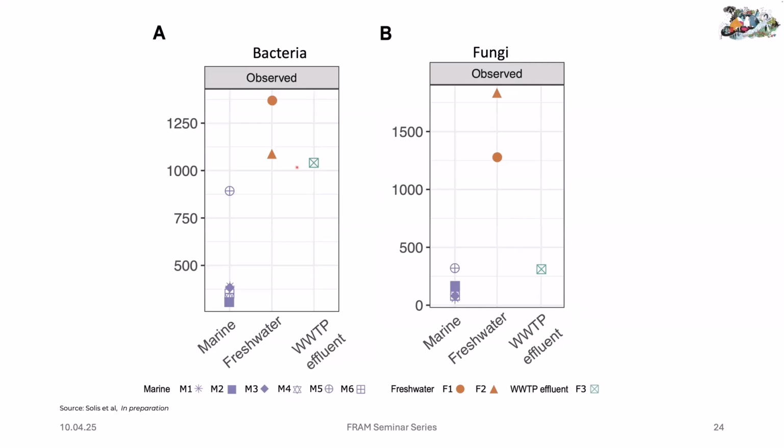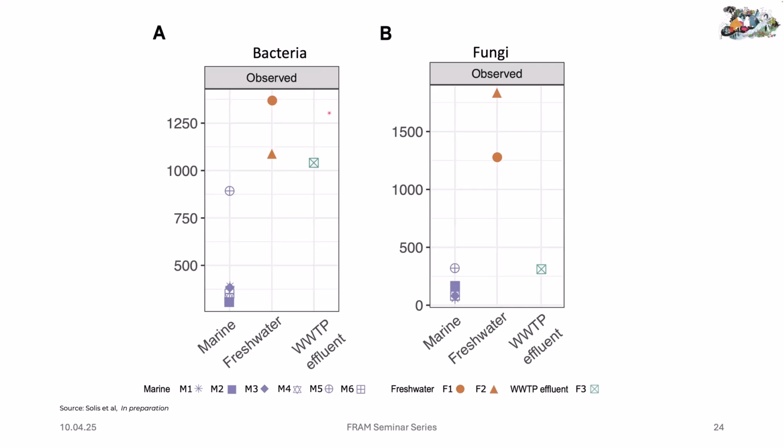And what did we observe from an environmental DNA perspective? These are figures related to biodiversity. This is one of the metrics that we usually use, called observed biodiversity. I just show it here for two different groups, bacteria and fungi, but the pattern is quite consistent for other metrics.